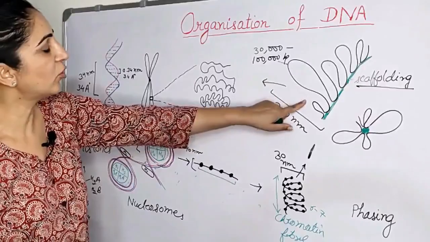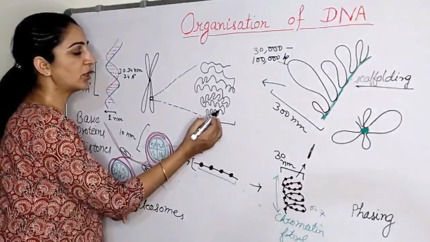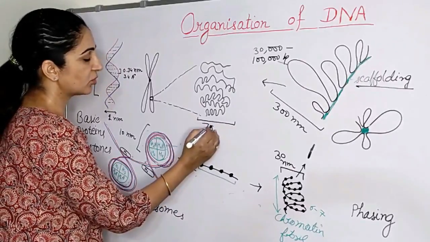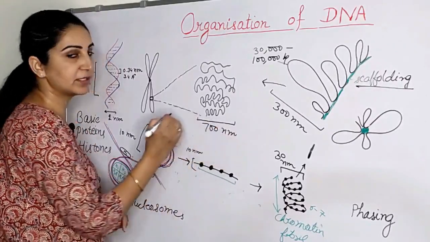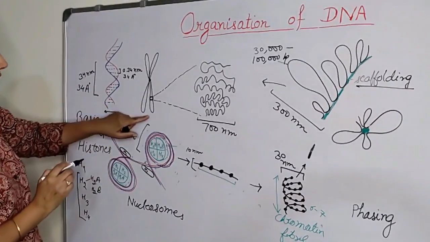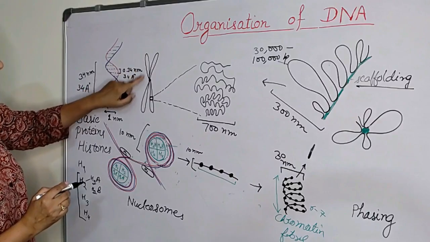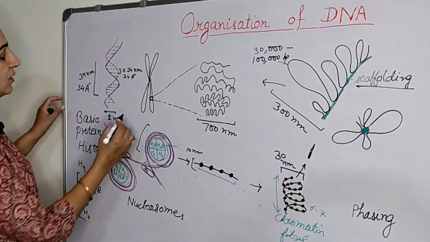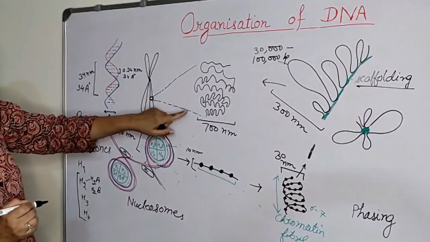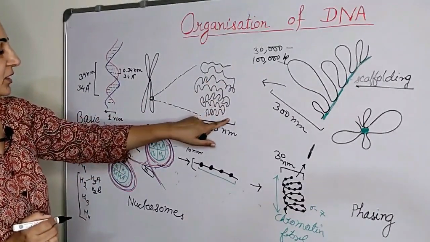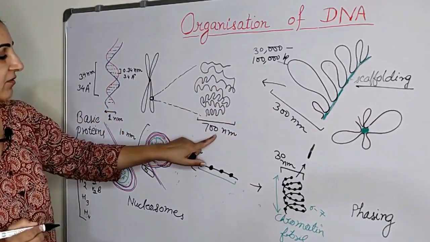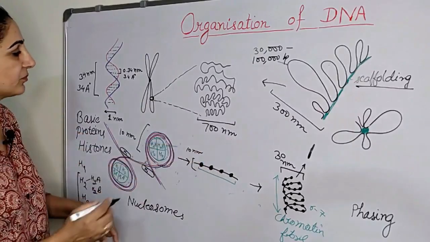And when these loops fold upon themselves and we get one limb of the chromosome, this is 700 nanometer in thickness. Suppose this is a chromosome, this is a centromere, this is one arm, these are the short arms, these are the longer arms. Suppose we take a cut section here and enlarge it, then we see such a structure. These are actually loops folded upon themselves, and this is 700 nanometer in thickness.